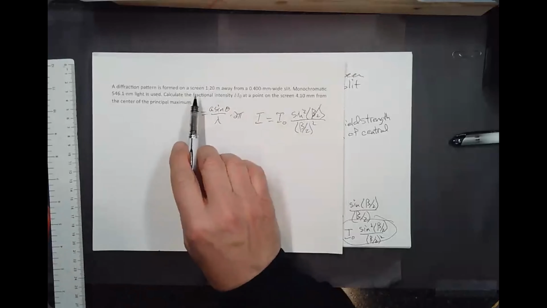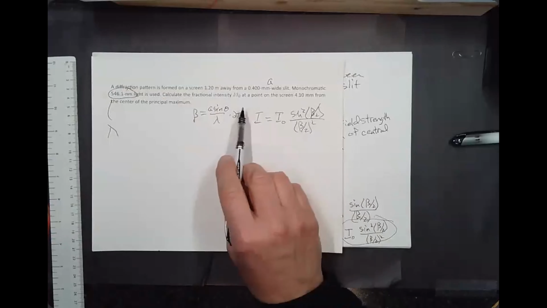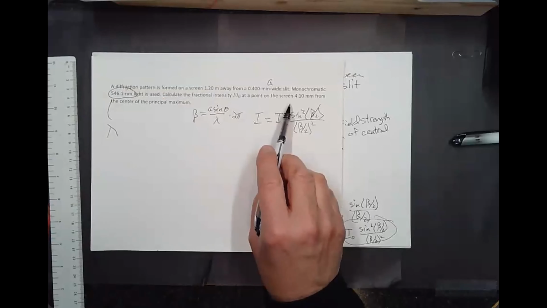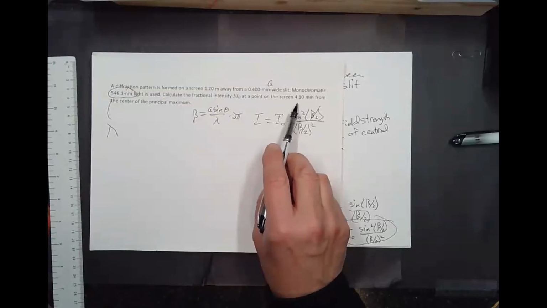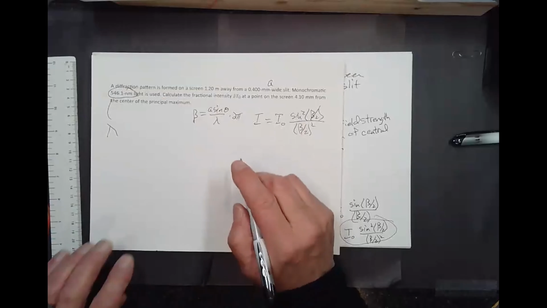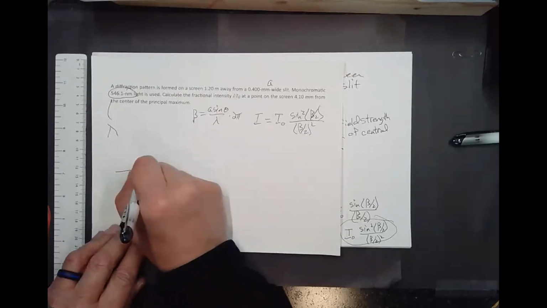So this is a. Monochromatic light, 546.1 nanometers. So there's lambda. And we ought to be able to do this. 4.10 millimeters away. So I think we can figure out that angle theta.